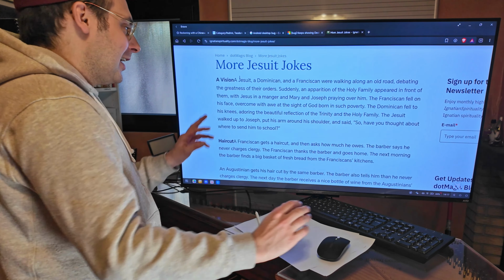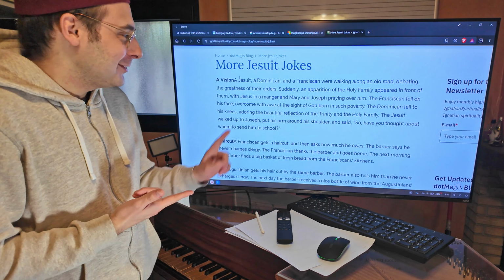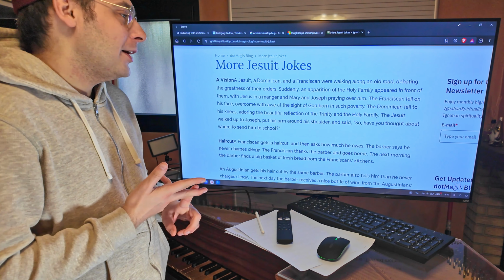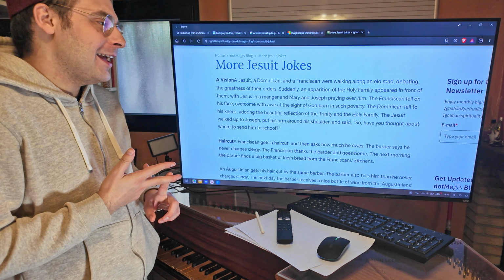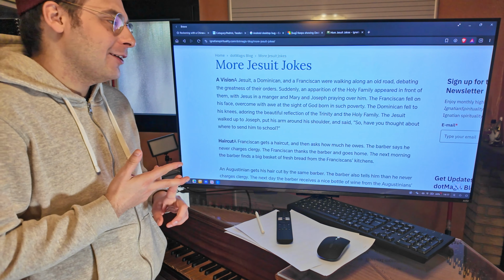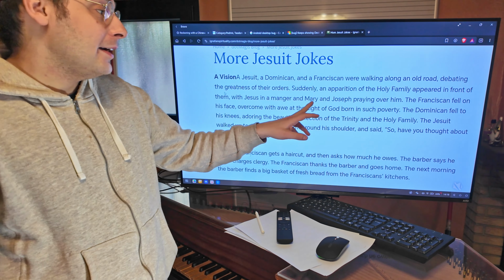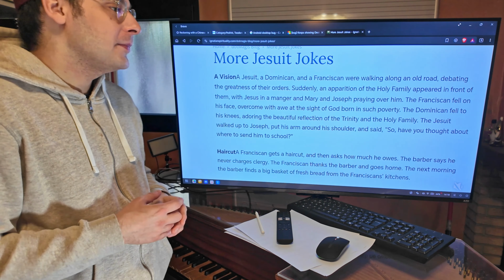A vision. A Jesuit, a Dominican, and a Franciscan were walking along an old road depicting the greatness of their orders. Suddenly, an apparition of the Holy Family appeared in front of them, with Jesus in a manger and Mary and Joseph praying over him.